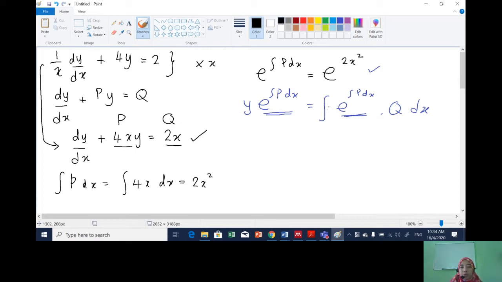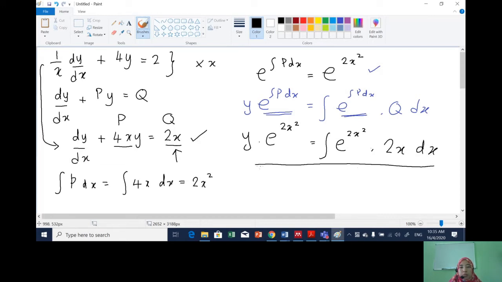By following the formula as shown here in the blue color, we have y times e to the power 2x squared equal to the integral of e to the power 2x squared times our q, which comes from here, times 2x dx. This is the part that we are going to proceed on the next step.